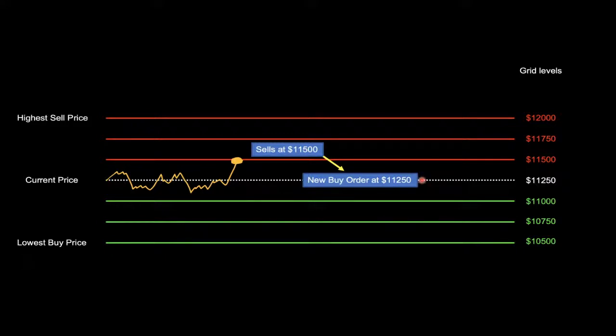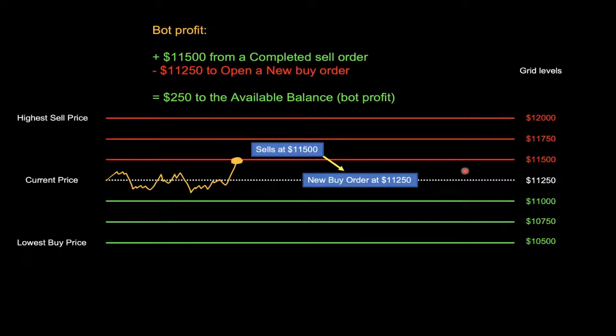At this price, your new buy order is gonna be created. So the arithmetical logic here, how the bot profit is accumulated, is simply you take the profit from a completed sell order right here. So your profit is 11,500. Then you plot a new buy limit order.